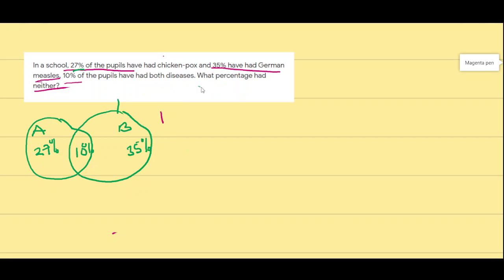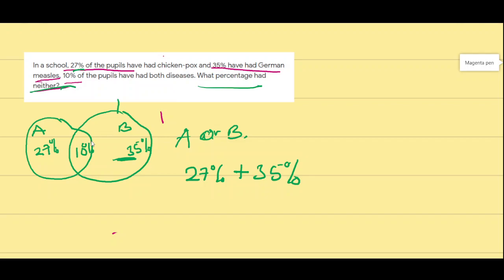So how many have had neither? Well, let's find the ones that have both of them. We want to find A or B, like those that have either disease. We will consider A, this is 27%, plus B, this is 35%. But in this A part, we have counted 10.